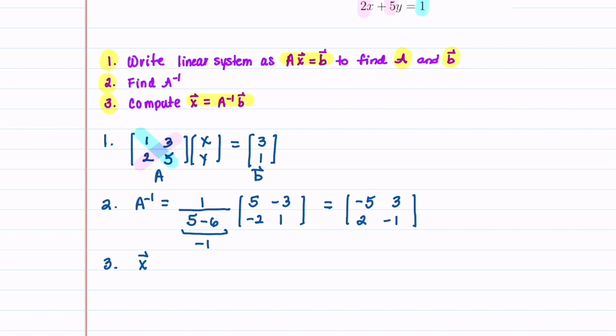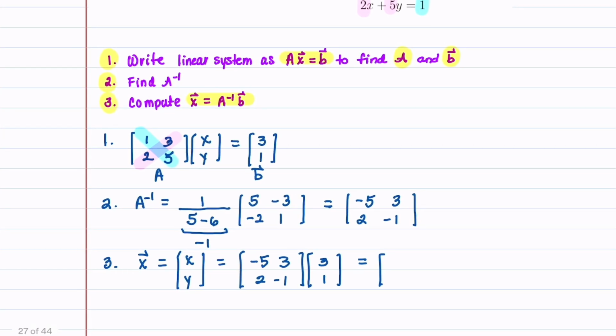Now we can go ahead and do our last step. Our vector X is going to be our vector X, Y. And it's going to be A inverse, which we just found, minus 5, 3, 2, minus 1. And we're going to multiply that by our vector B, which is the right-hand side of our linear system, and that's 3, 1. Let's go ahead and do this multiplication.